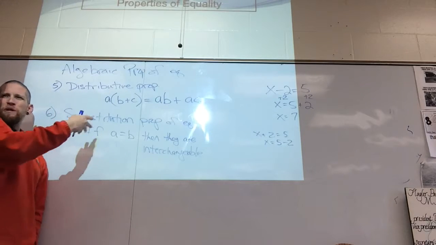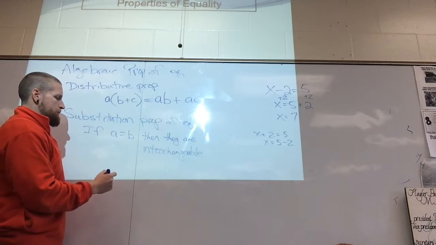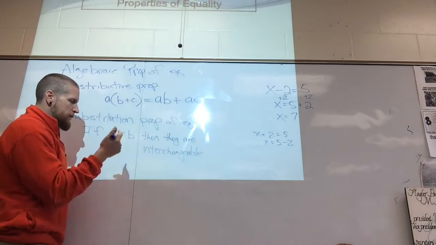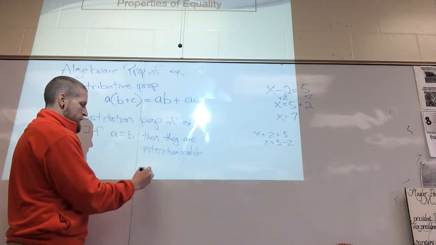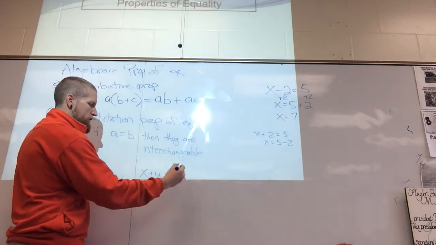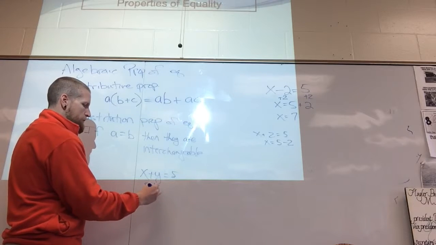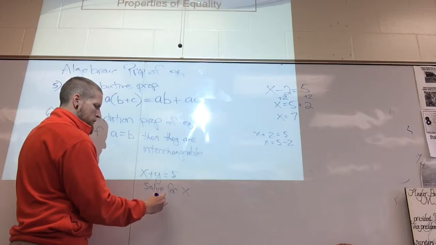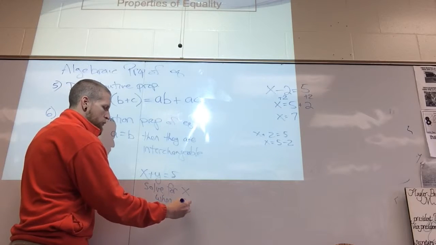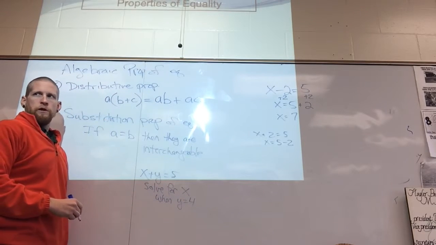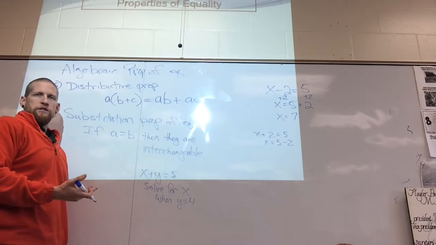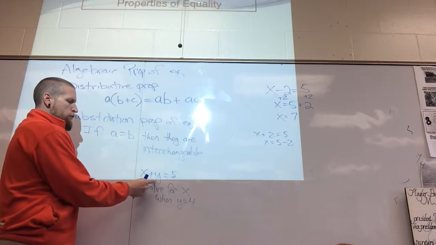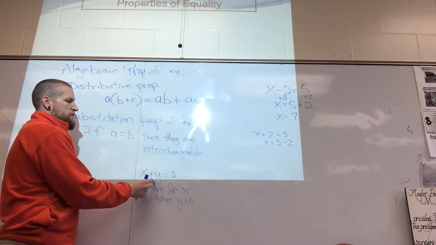So this would be used if it said something like x plus y equals 5, and they say something like solve for x when y equals 4. Okay, it's basically the idea of, look, I've got two variables here, I can't solve that equation by itself.